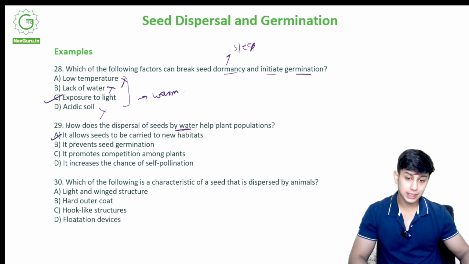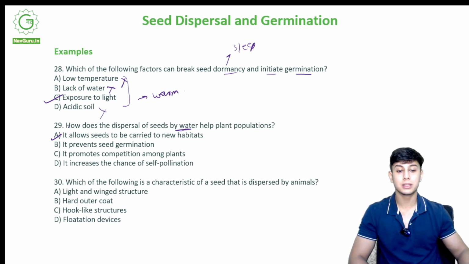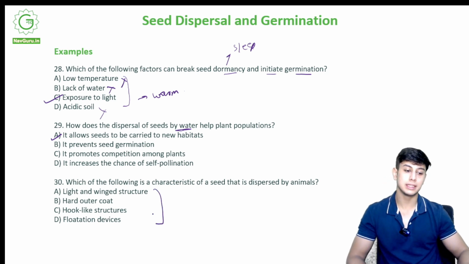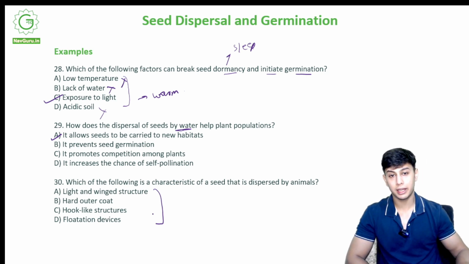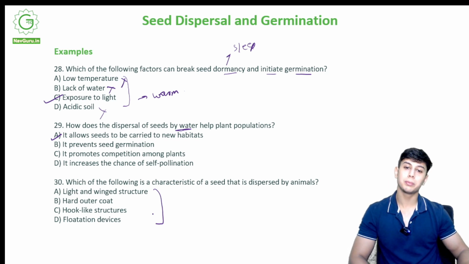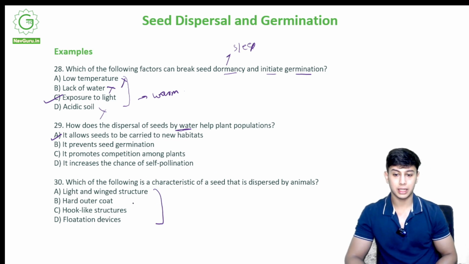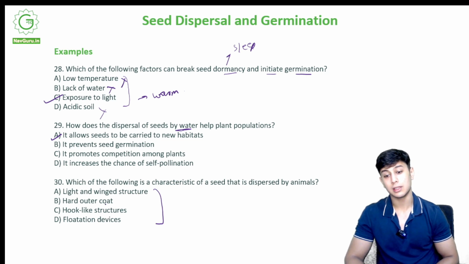Which of the following is a characteristic of a seed that is dispersed by animals? Now, these are some features of a seed that would be dispersed by animals. What type of seed would be dispersed by animals, which can stick to it, be digested, or be thrown away by the animals? Light and winged structure, that would be for wind dispersal.